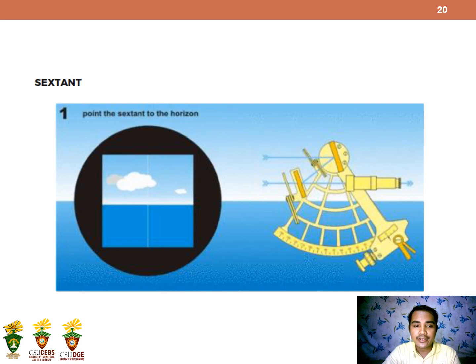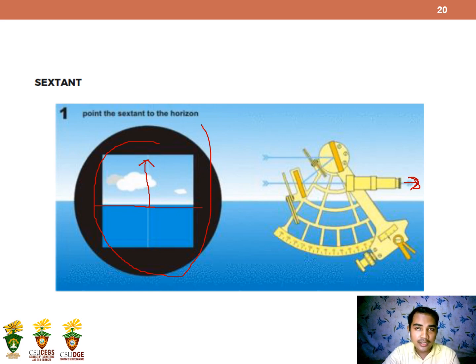So here's another illustration on sextant, no, and how it works, and how this instrument is being used. If you're going to look in this part, which is the telescope mga part, so kani mo makita, no. So there's a horizon, out from that horizon you can get the vertical angles up there, and also the horizon vertical angles diri nga part.